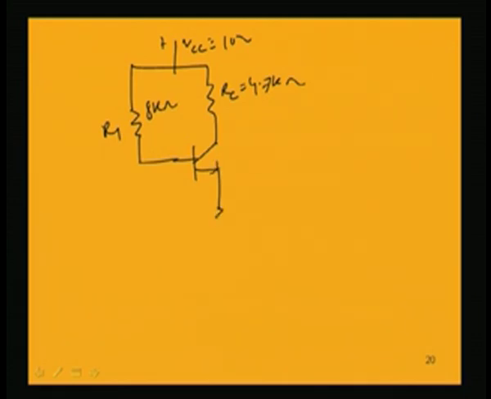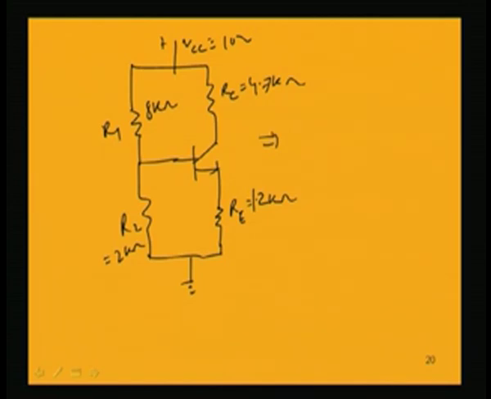This resistance RE is 1.2K and this R2 is 2K. This is ground. Beta is also given, which is the value that is changing: one case is 100, another is 300.